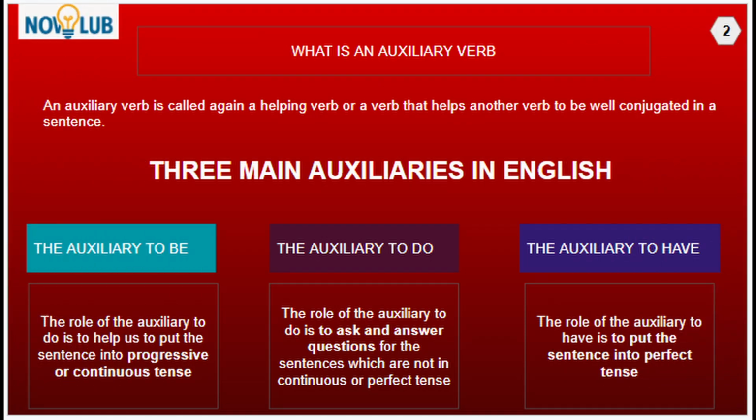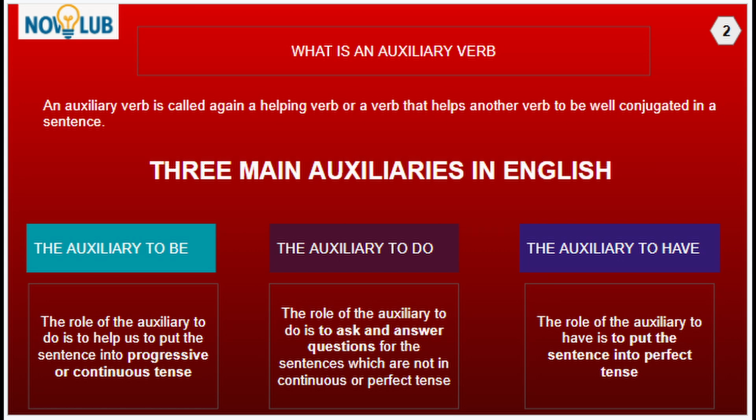An example of such a sentence is "I eat." This sentence is not in progressive and it is not in perfect. So to ask a question, I will say, "Do you eat?" You see, we use the auxiliary to do.